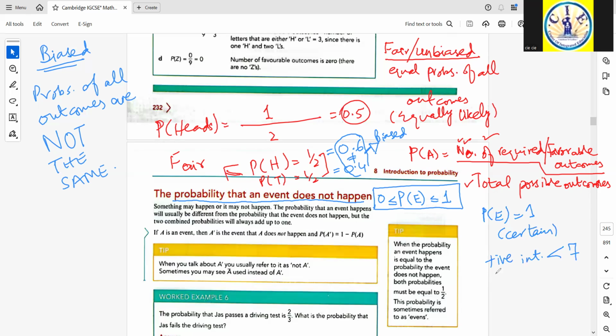Since you know that the possible outcomes are 1, 2, 3, 4, 5, 6, in all of these possibilities you see that all are positive integers and all are less than 7. So whatever the outcome you get, either 1 or 5 or 6, it satisfies both of these conditions. So this event is said to be a certain event having a probability of 1.